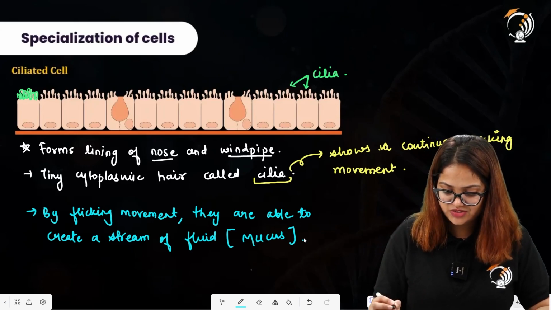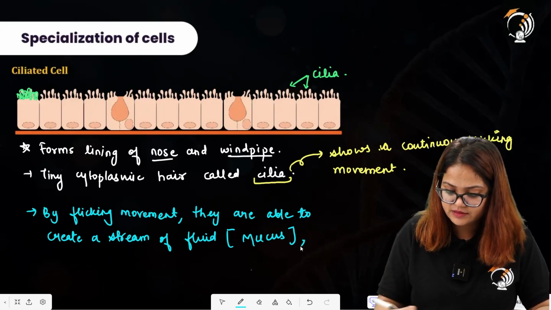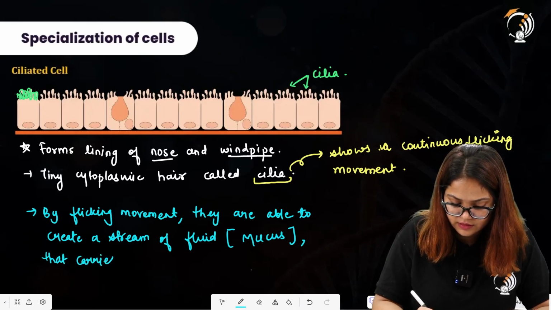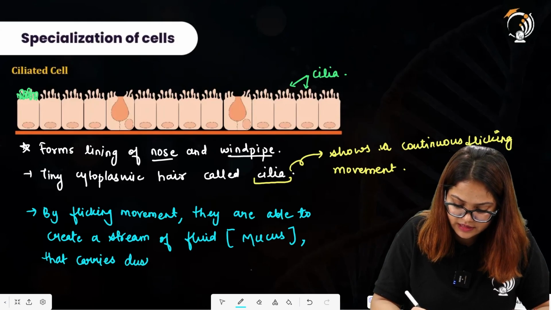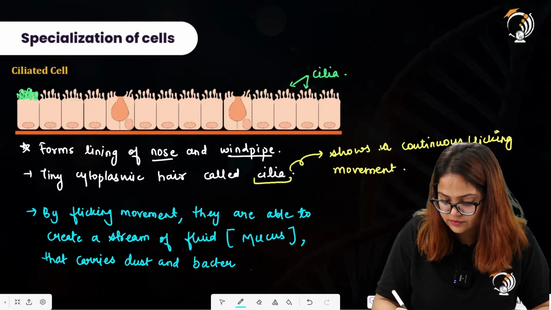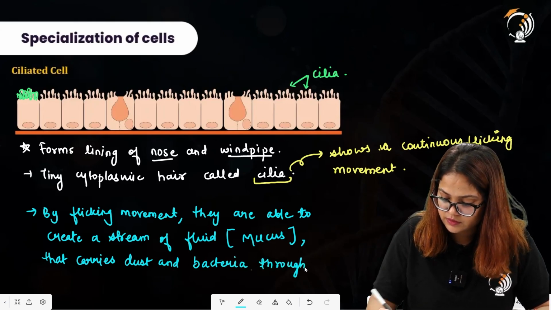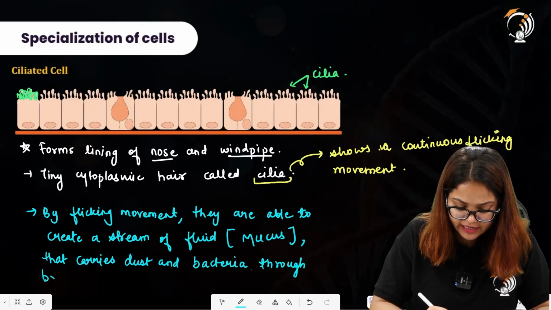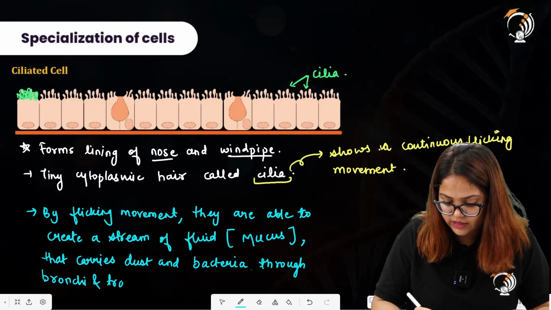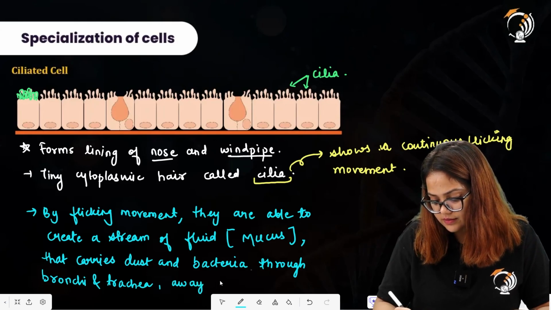So we have a stream of fluid, that is mucus, that carries dust and bacteria through the bronchi and trachea away from the lungs.